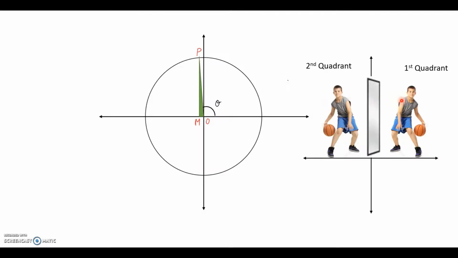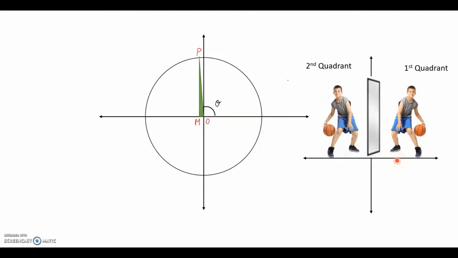But you will notice that this point here, the shoulder, touches the x-axis at this point, but the same shoulder here touches the x-axis at this point. Even though they will be equidistant, this will be negative x and this will be positive x.